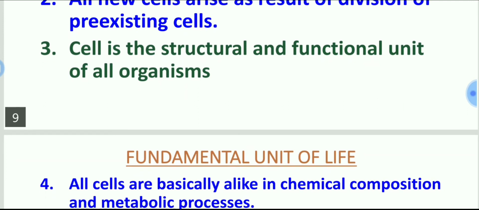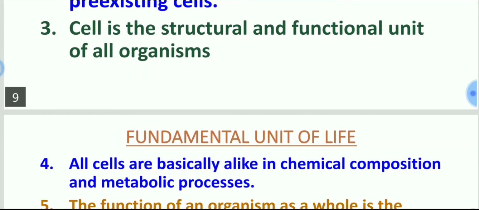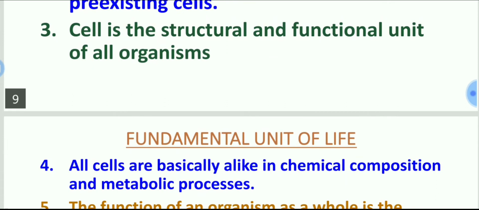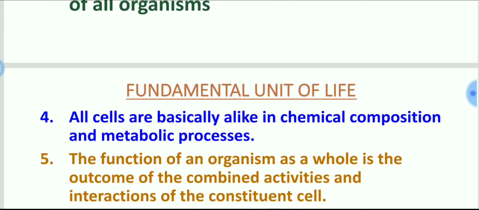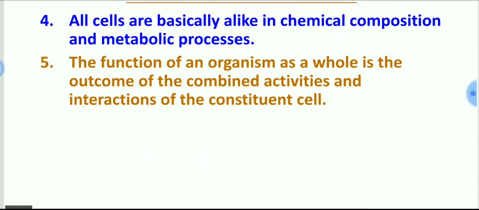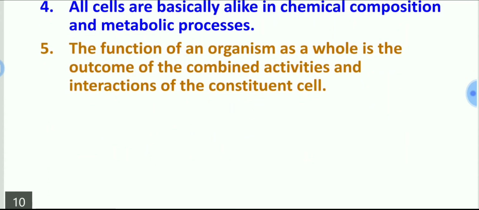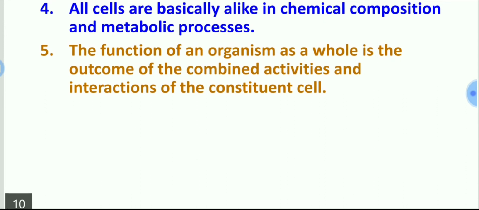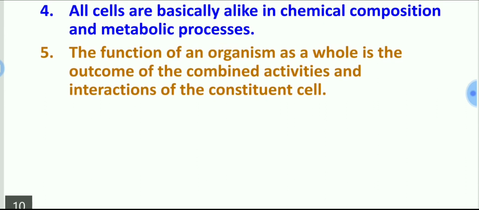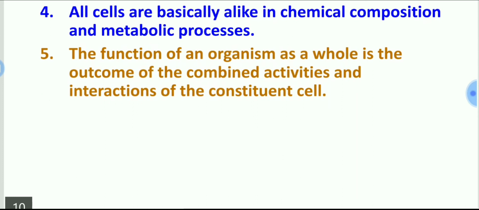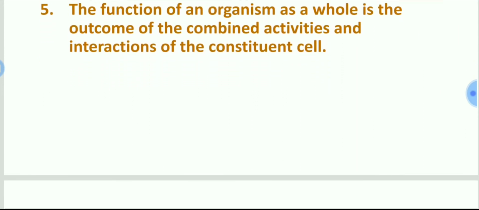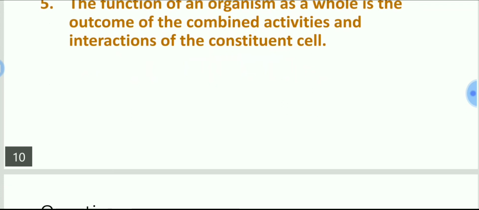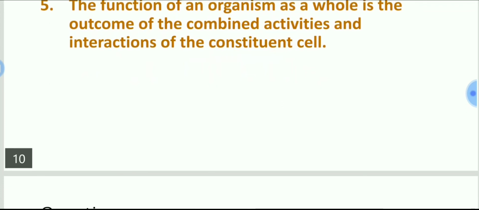Third, the cell is the structural and functional unit of all organisms. Fourth, all cells are basically alike in chemical composition and metabolic processes. The question is, what is meant by metabolic process? And the fifth, the function of an organism as a whole is the outcome of the combined activities and interaction of the constituent cells. That is a very important point.